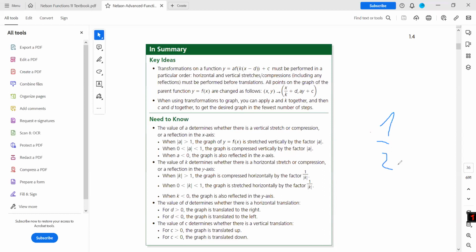So you see, when a is less than 0, we're reflecting in the x-axis. When k is less than 0, we're reflecting in the y-axis. And also, it is important to see that when k is a fraction, the graph is getting stretched. If k is not a fraction, the graph is getting compressed horizontally.